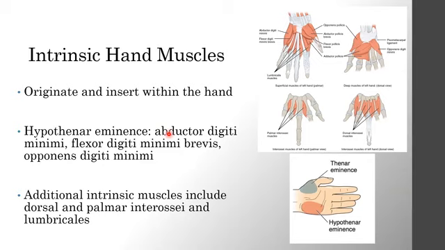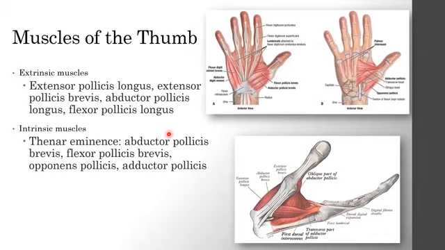Does that make sense? Also on the fingers, you'll have your various interossei muscles and lumbricals. Just know that they exist, at least for the level of this course, but we won't get into the specifics there.